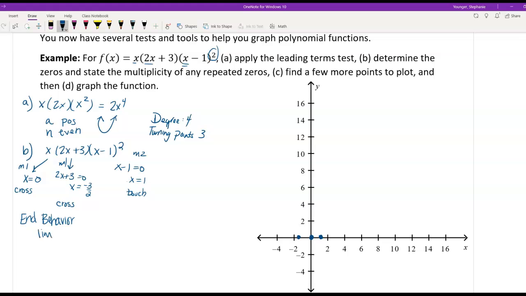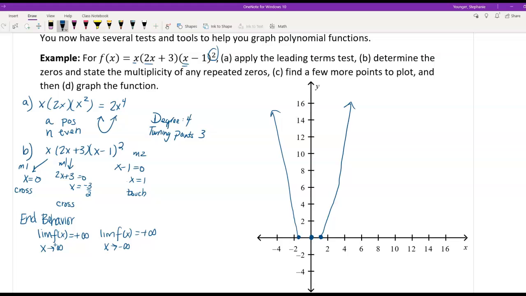The limit of f of x as x approaches positive infinity is positive infinity, and the limit of f of x as x approaches negative infinity is positive infinity. So I know that these are both going to go somewhere in that positive direction.